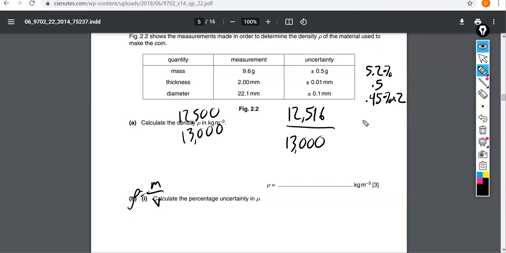So I'm going to double my 0.45, so I got 0.9% uncertainty from the diameter plus 0.5% uncertainty from the thickness plus 5.2% uncertainty from the mass, for a total percentage uncertainty of 6.6%. So 6.6% for that answer.